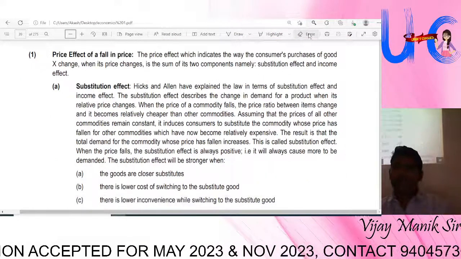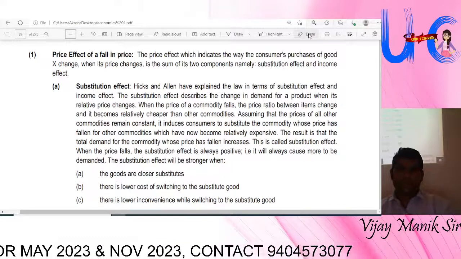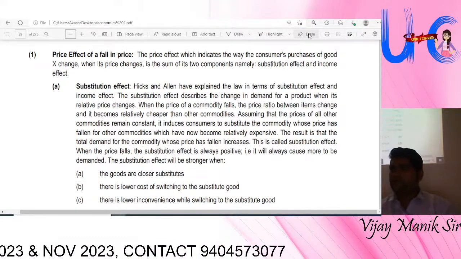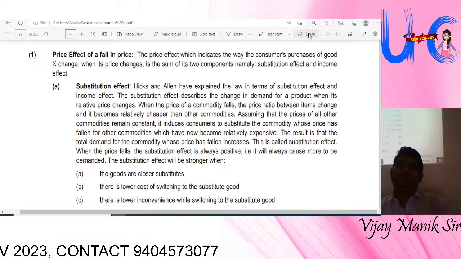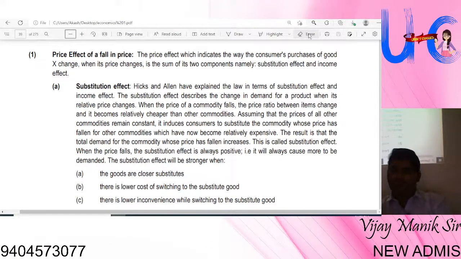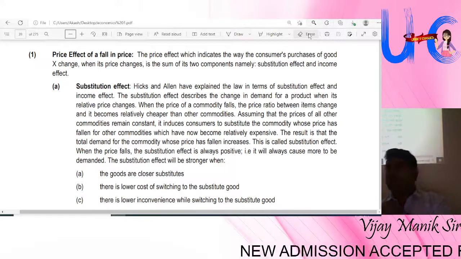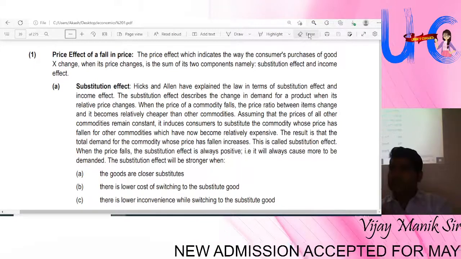If we think about the price effect of a fall in price, very simple, the law is simplified here. If the price of the commodity is low, then demand will be high. Substitution effect means what?